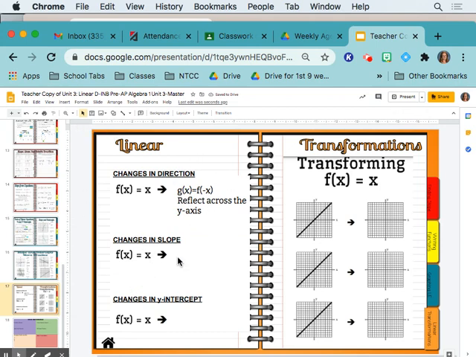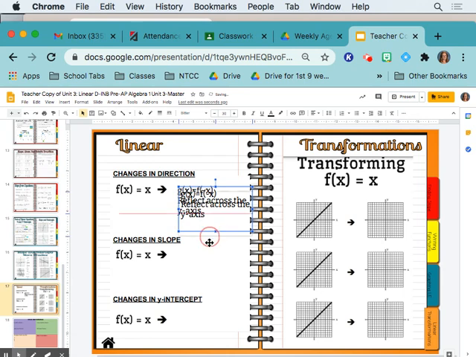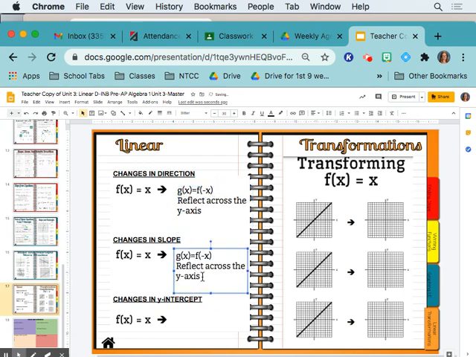Okay, changes in slope. So I'm going to do g of x equals, let's say, 3 times f of x.